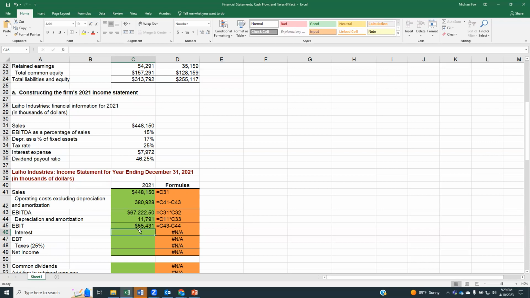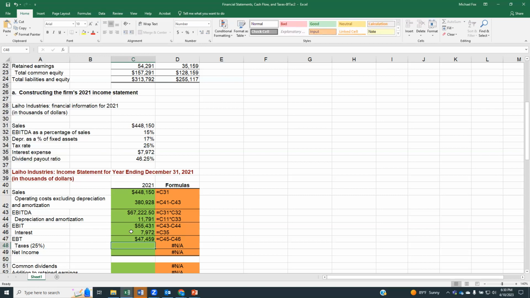Interest expense, it just gives us up here. So I'm just going to say this equals and click on cell C35, which is my interest expense. My EBIT, earnings before interest and taxes, minus interest will give me just my earnings before taxes. So this is going to be the EBIT minus the interest.